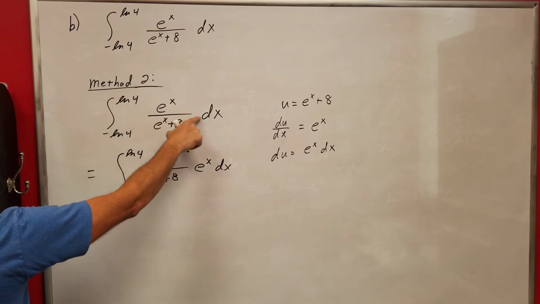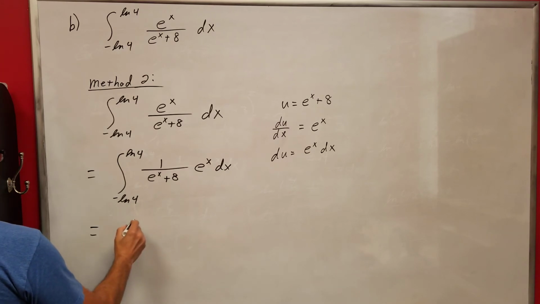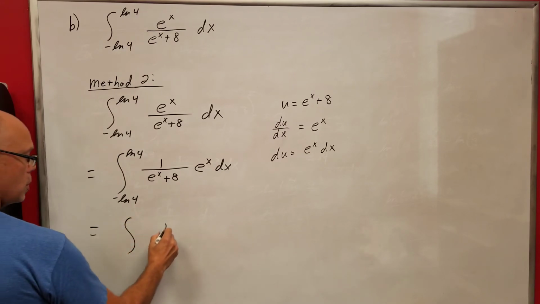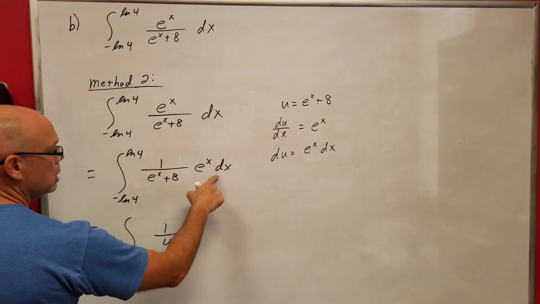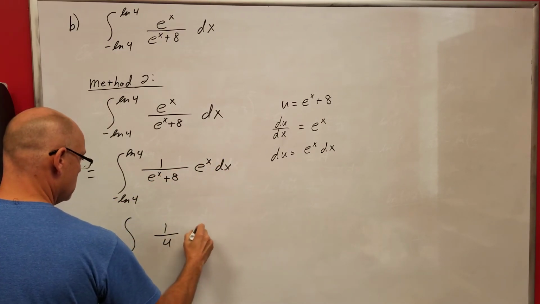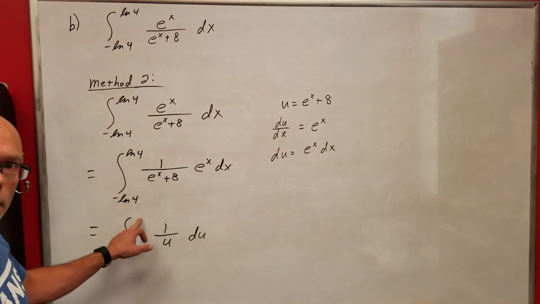Remember, I like this to be out there. So we have the integral of 1 over u. E to the x dx is du. But what are we going to do? We're going to put some new limits of integration here, okay?